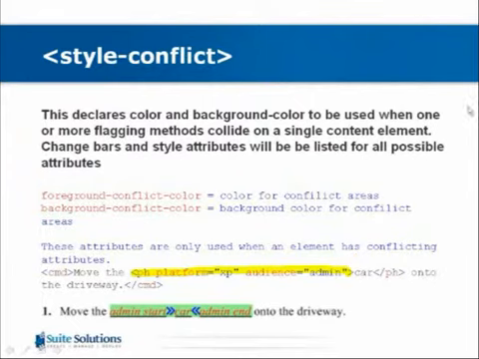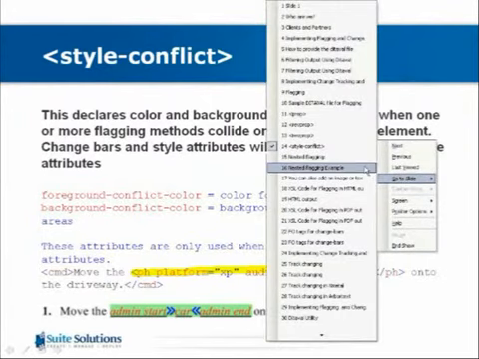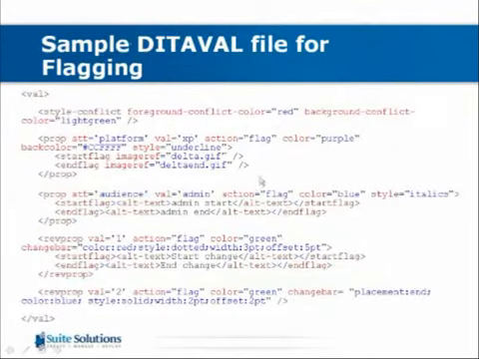And if we go back to our Ditaval file, we see we have an attribute set for property attribute equals platform XP, and we have audience equals admin. So now we've created a conflict. You can't have two things styled the same color. We have blue and purple. Which one should it be?